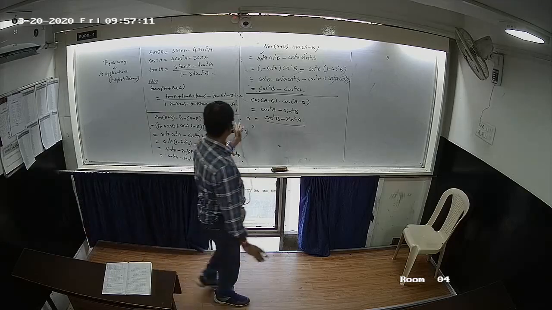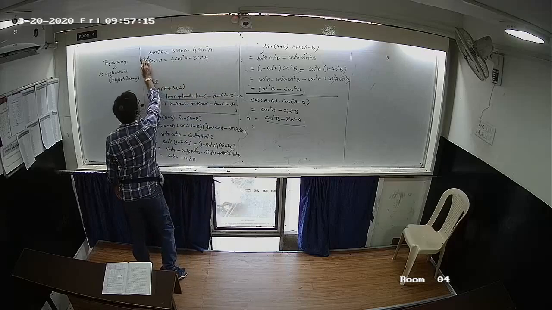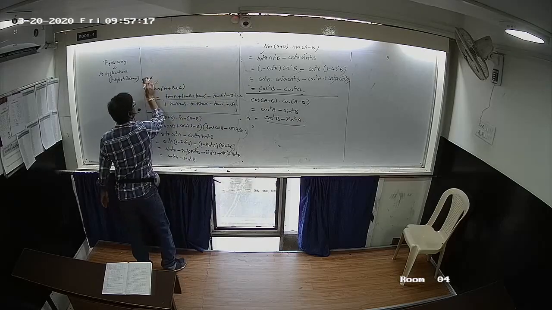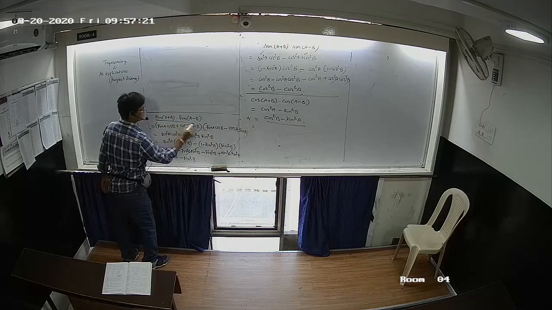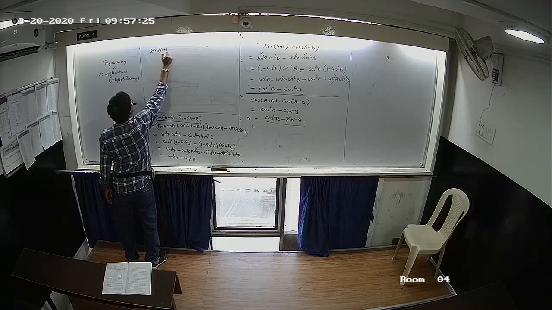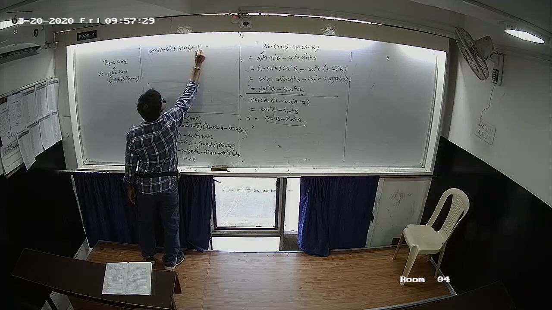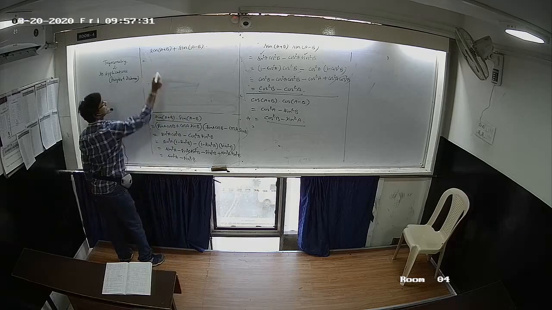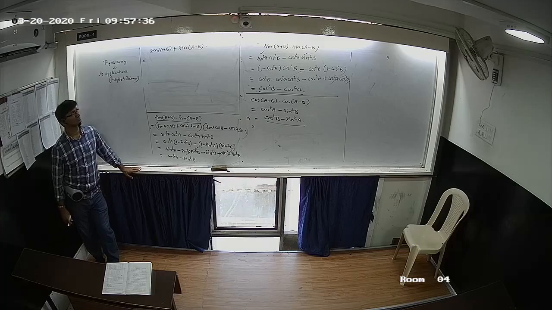What if we are going to add these two? Here we have multiplied. Let's add sin(A plus B) plus sin(A minus B). What will you get? We add the results of these two.